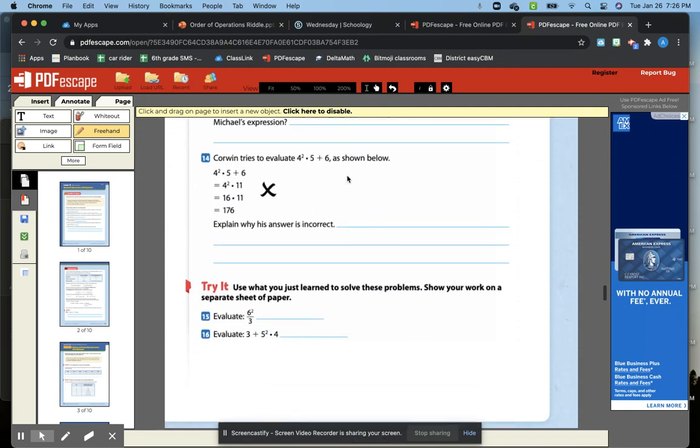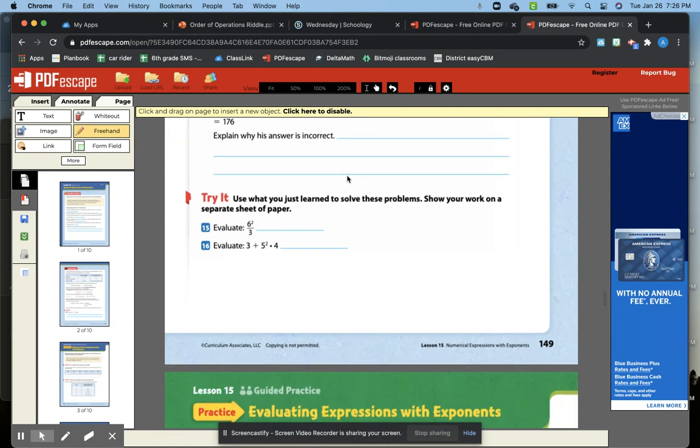So go ahead and look down here at the evaluate. We need to solve these. We know evaluate means to solve or to find the value of it. So first we need to do 6 squared, because we can't divide 6 squared and 3. By order of operations, we're going to do the squared first.